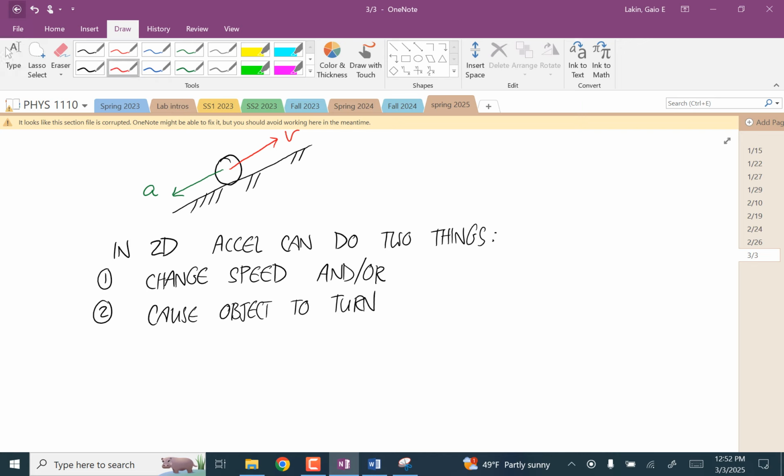Okay, so what you need to remember here is that the speed change is related to the part of the acceleration that I'm going to write as A parallel. That is the part of the acceleration that's parallel to the velocity.